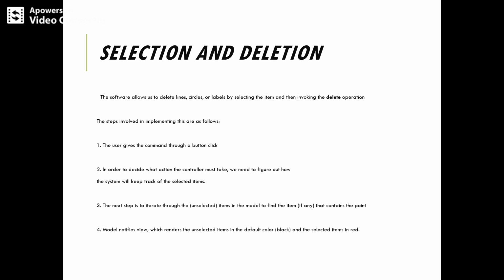The delete operation depends only on the button click, and whichever items are selected will be deleted. So this is about selection and deletion in the respective operations of adding a label or drawing a circle in designing the particular system.